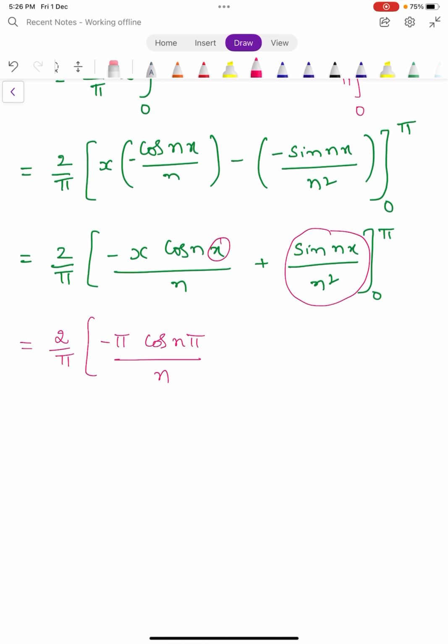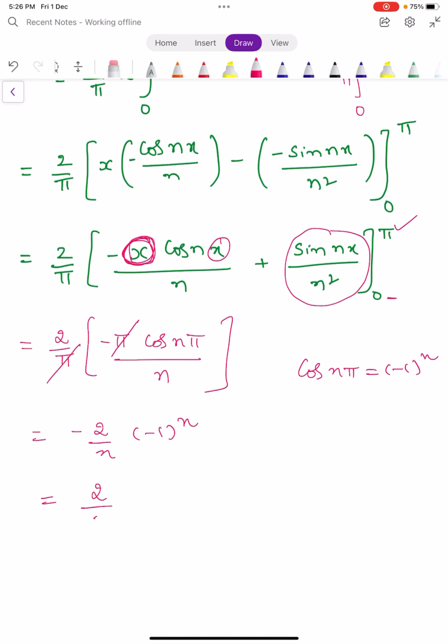Replace x by pi, the upper limit. The lower limit is 0, and if you substitute the lower limit 0 for x, that becomes 0. So finally we get only this: pi and pi get cancelled, minus 2 by n, and cos n pi is equal to minus 1 power n. So simply you can write 2 by n times minus 1 power n plus 1.